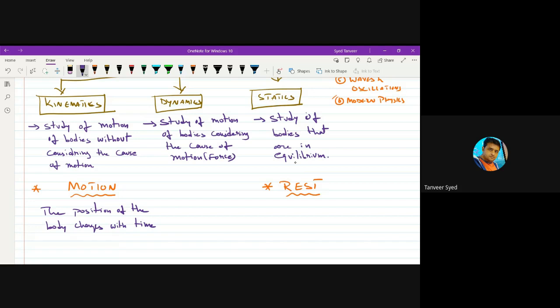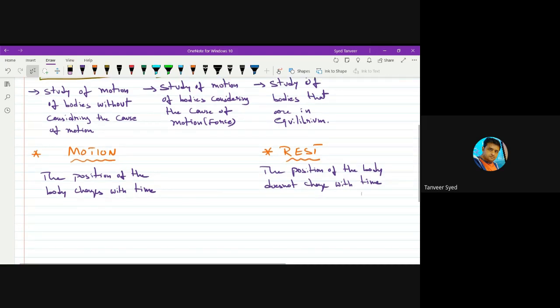Then you say the body is in motion. On the other hand, if the position of the body does not change with time, then you say that the body is at rest.